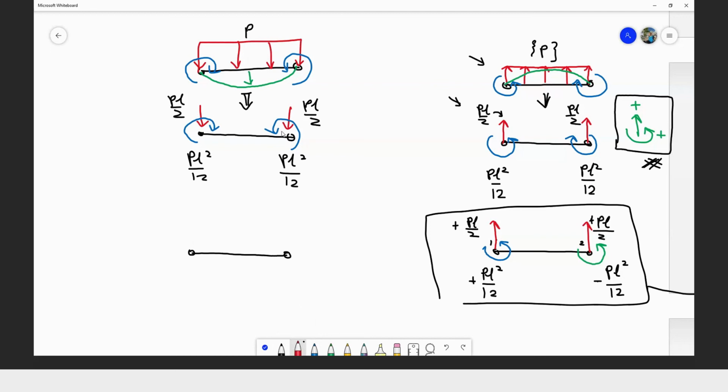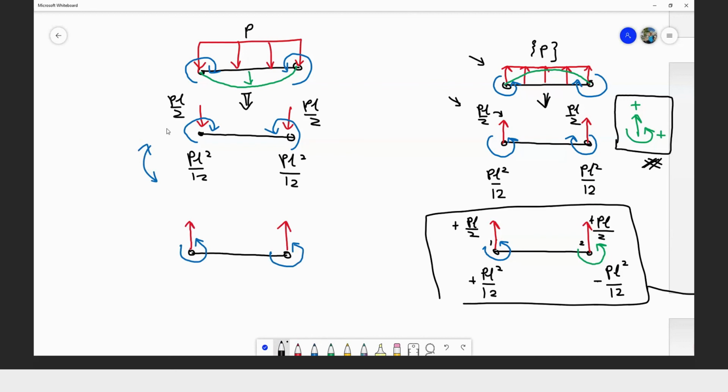So this is from the physical, but we have to match it with our finite element models, where the force should be in that direction, and our moment should be in that direction as well. So we try to match the two.